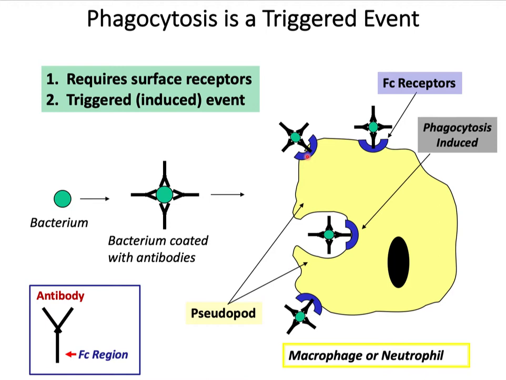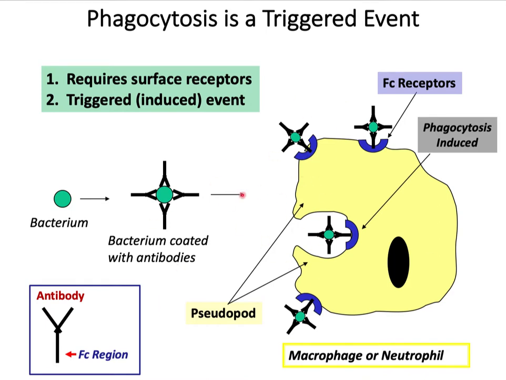So it is not continuous random uptake of particles from the extracellular space. What I mean by triggered is that once a phagocytic target binds to its receptor on the cell surface, that triggers the cell, or induces the cell, to extend its membrane, forming pseudopods around the particle that is being ingested. So it is a triggered event.